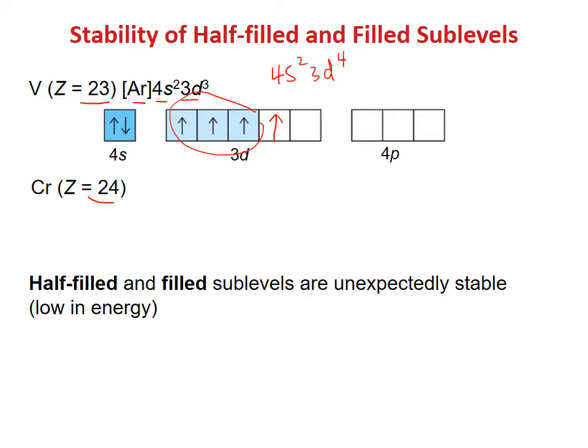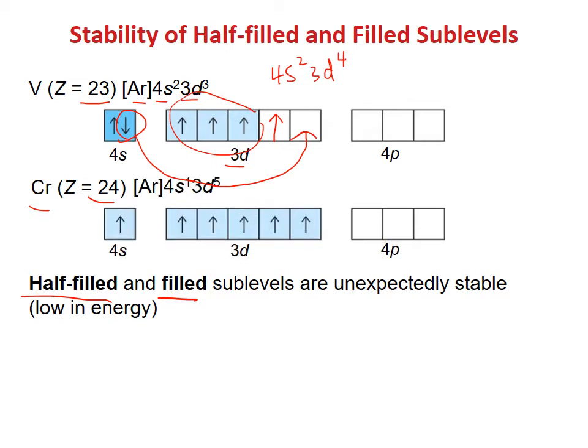So the electron configuration would be 4s2, 3d4. Now it turns out that half-filled and filled sublevels are unexpectedly stable or low in energy. So for chromium, it is possible to achieve half-filled 3d orbital by moving 1 electron from 4s to 3d. This way the electron configuration becomes 4s1, 3d5.